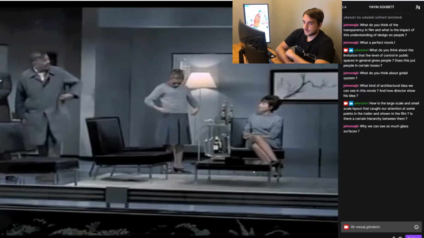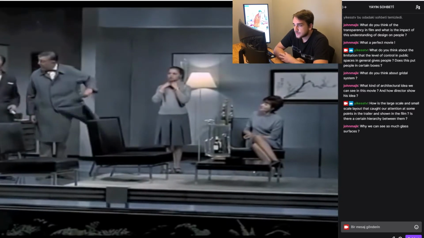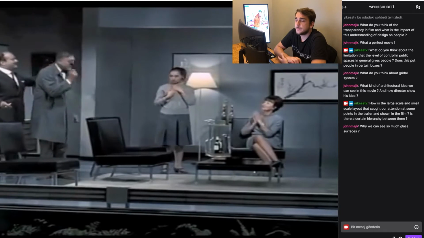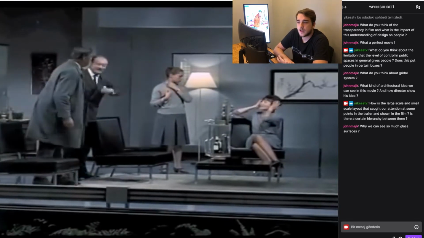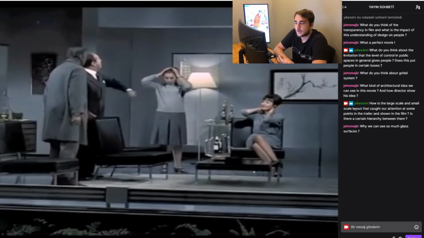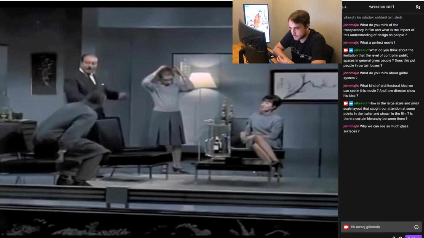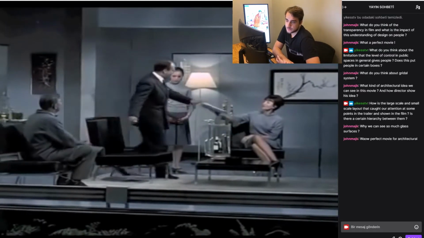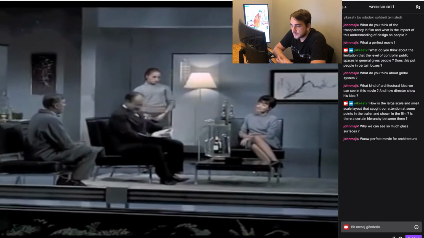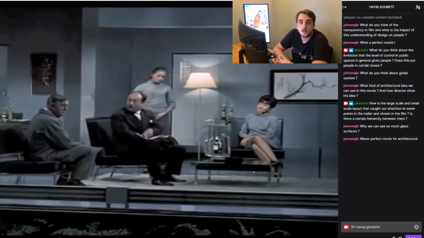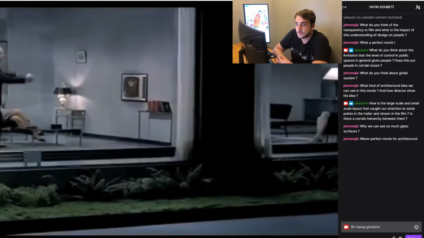Another question is, what do you think of the transparency in the movie and what is the impact of understanding of design on people? Does anyone in the chat want to give an answer? Yes, I will give one. The transparent surfaces that dominate 70% of the screens are another consideration that attracts our attention.